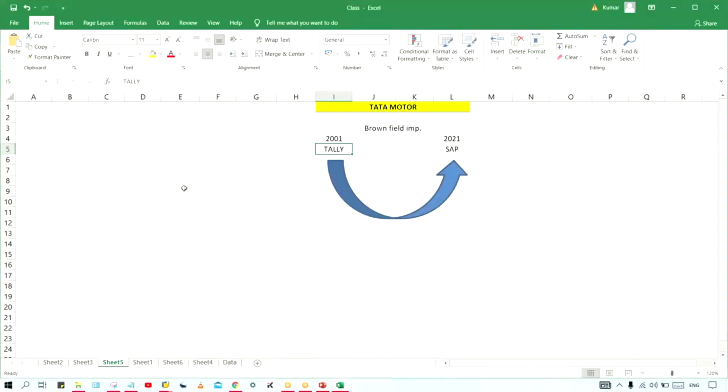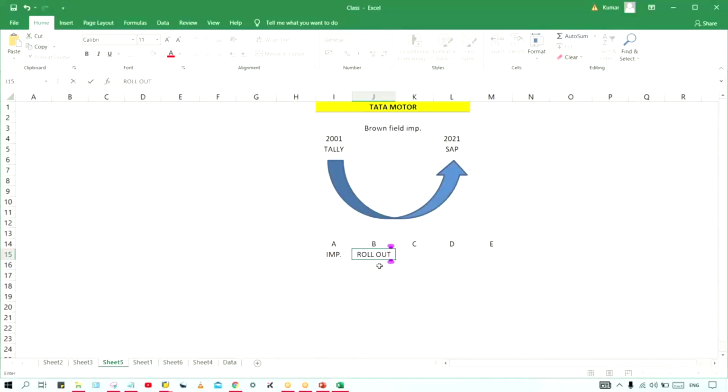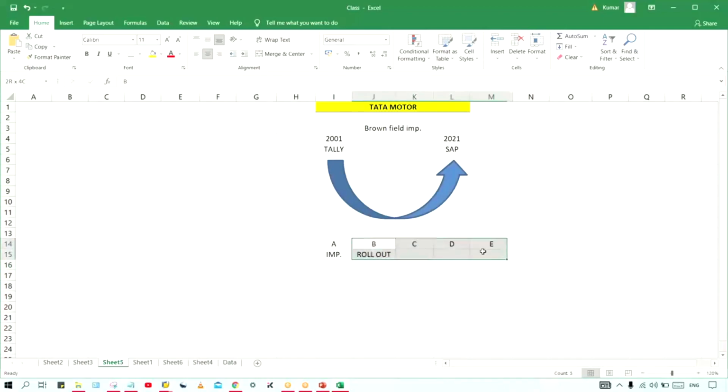Take the example. Let's suppose the Tata Group has multiple subsidiaries, or any company has multiple subsidiaries like A, then B, and so on. The installation of SAP in the first subsidiary is called implementation, and all the remaining ones are called rollout. The remaining B, C, D, E, from the second subsidiary onwards, these projects are all treated as rollout projects.